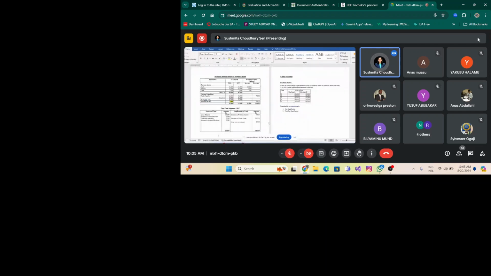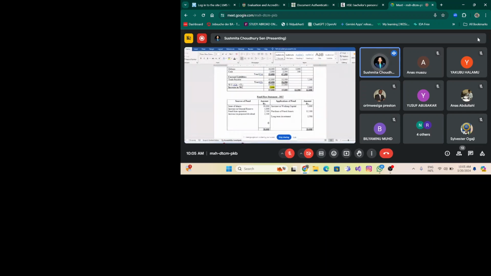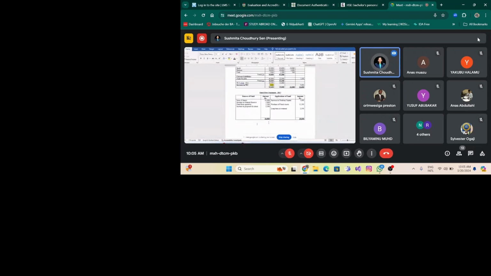It is a two-step account, and the outlook of your account is like this. All right. You can take a screenshot for your future reference, to see how a fund flow statement is prepared.